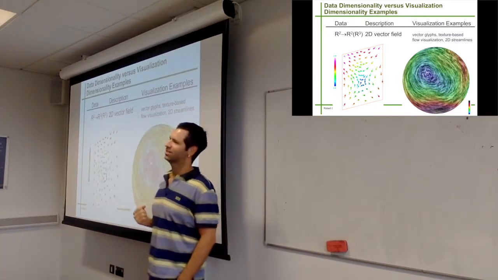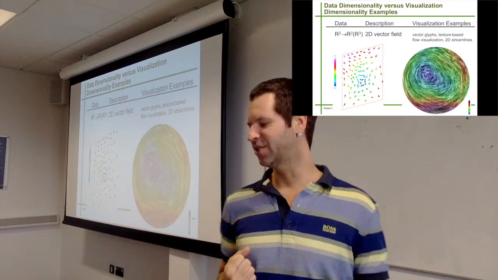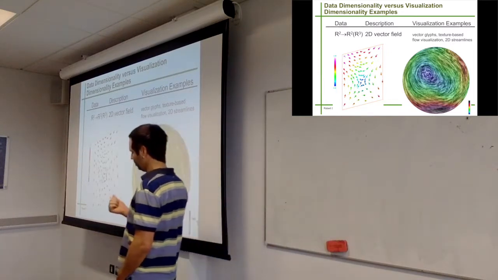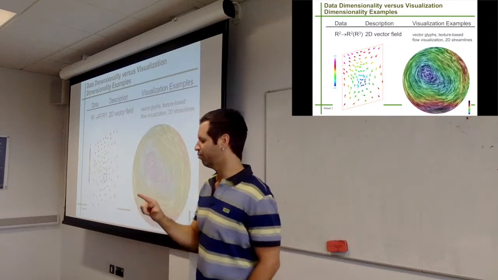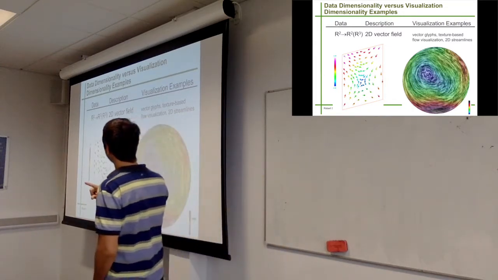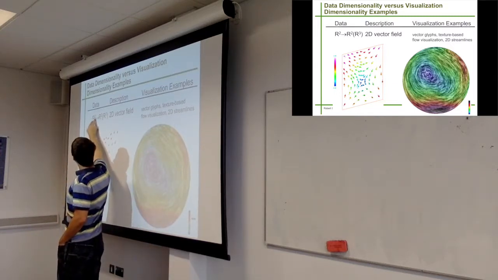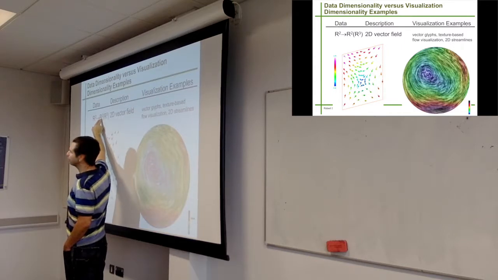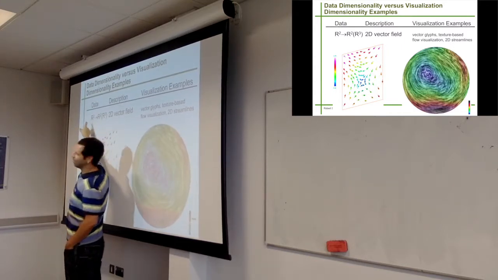Any other questions? You might be asking, what am I talking about right now? I'm talking about three things. One is data dimensionality, another is presentation dimensionality, and then the mapping between the two. We have a data dimensionality, a presentation dimensionality, or a visual mapping dimensionality, and these are not always the same.